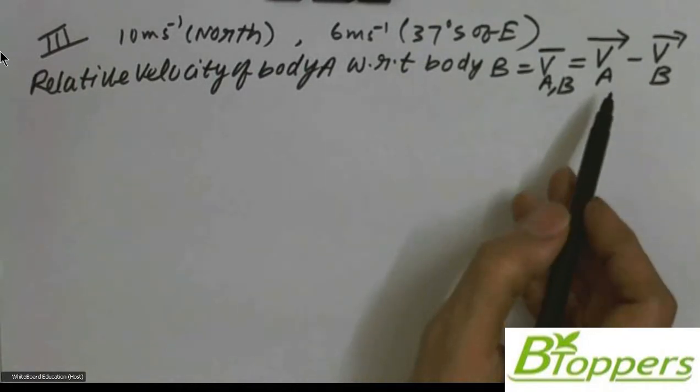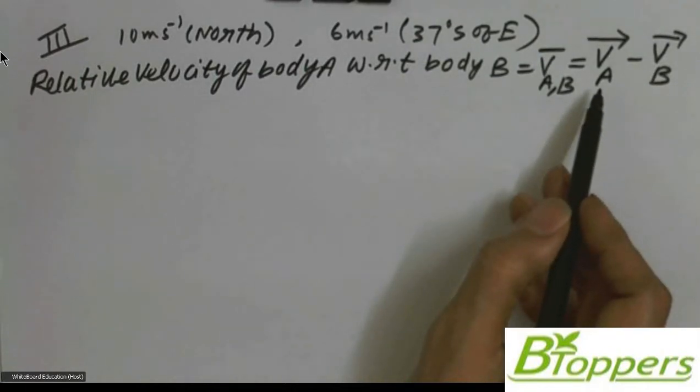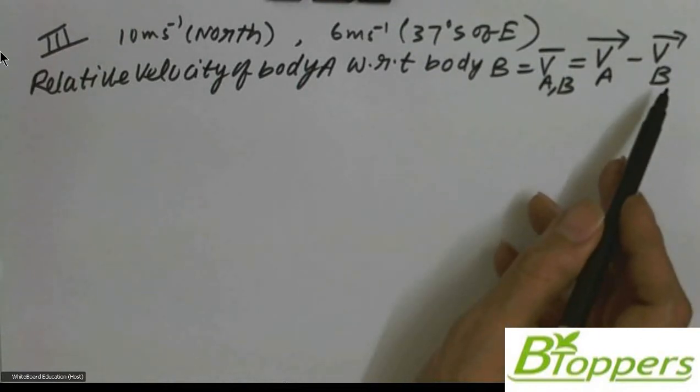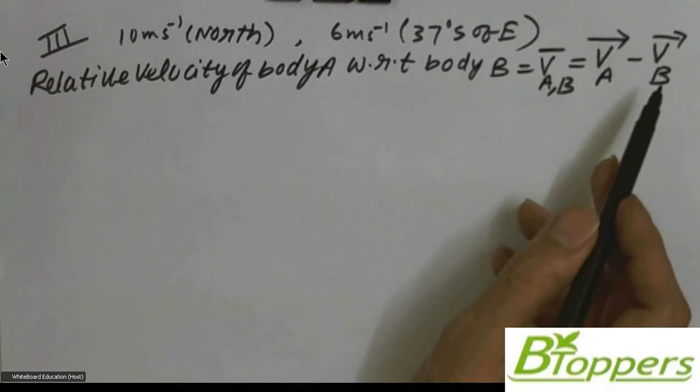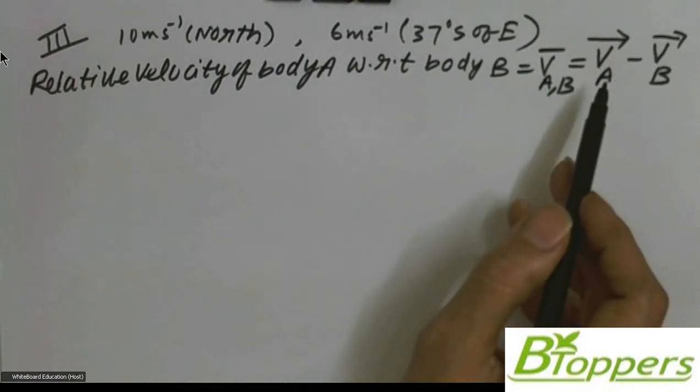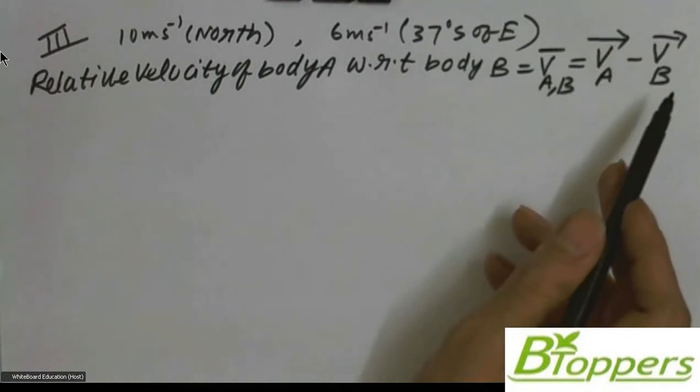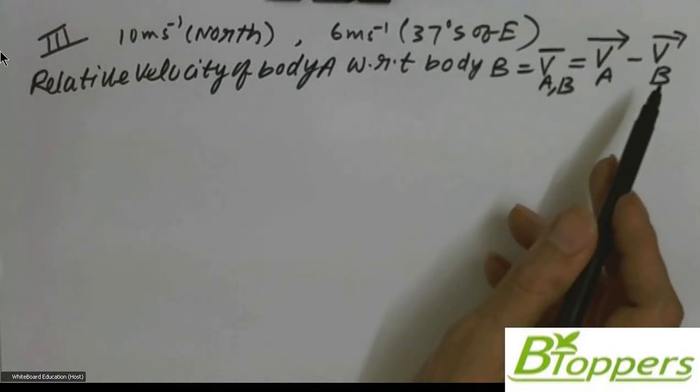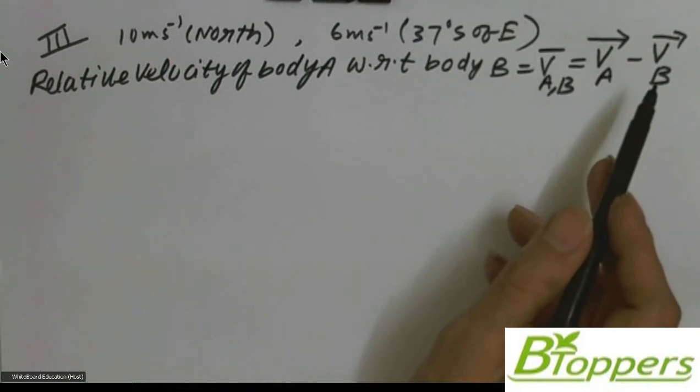Here VA bar is the actual velocity of the body A and VB bar is the actual velocity of the body B. Means VA bar is the velocity of the body A with respect to stationary observer on the earth, and VB bar is the velocity of the body B with respect to the stationary observer on the earth.